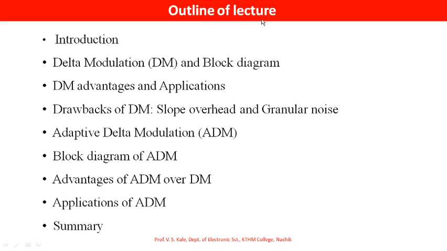The outline of lecture: first, introduction of delta modulation. Delta modulation, in short DM, its block diagram. Delta modulation advantages and applications. Drawback of delta modulation: slope overload and granular noise.